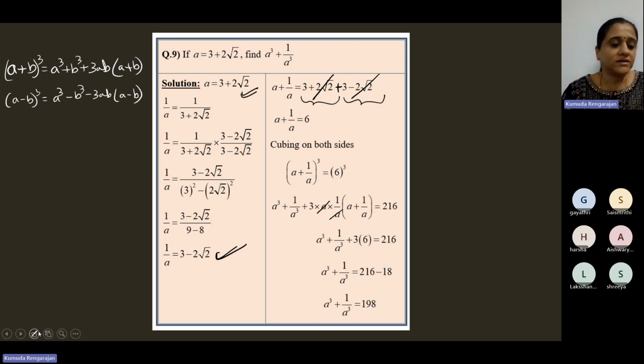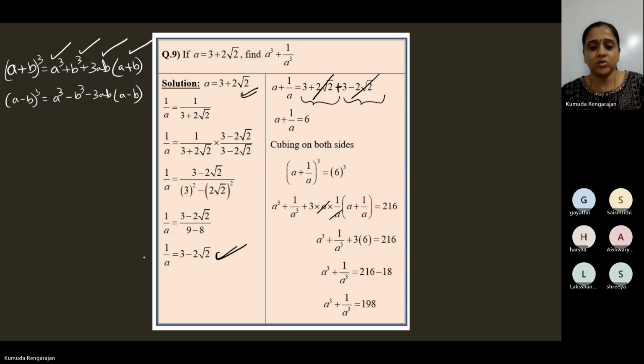What's the identity? What is a plus b the whole cube? It's a cube plus b cube plus 3ab into a plus b. You can see it here: a plus b the whole cube, where this is a and this is b.